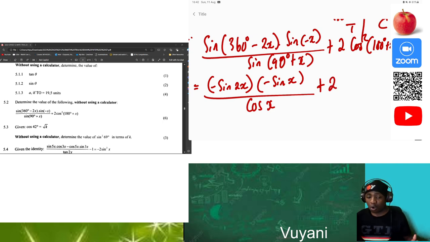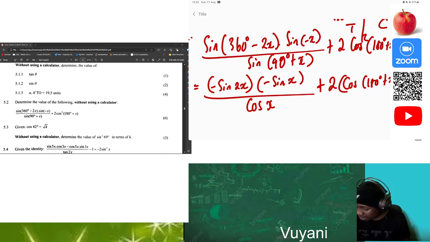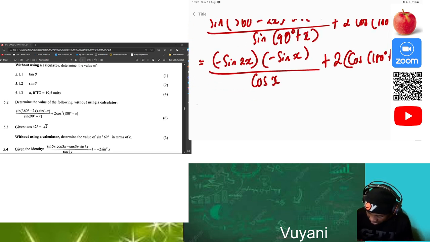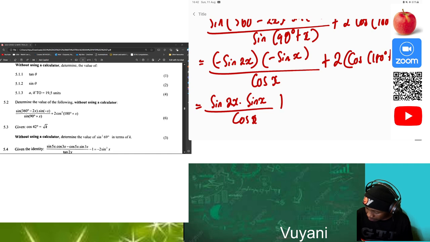Now we have our cos squared of 180 plus x. Then of course we can square all of this. Then we know that 180 plus, let's do this next time, which is equal to negative times negative, that's positive. So now we are left with negative sine 2x times sine of x divided by cos of x plus 2.